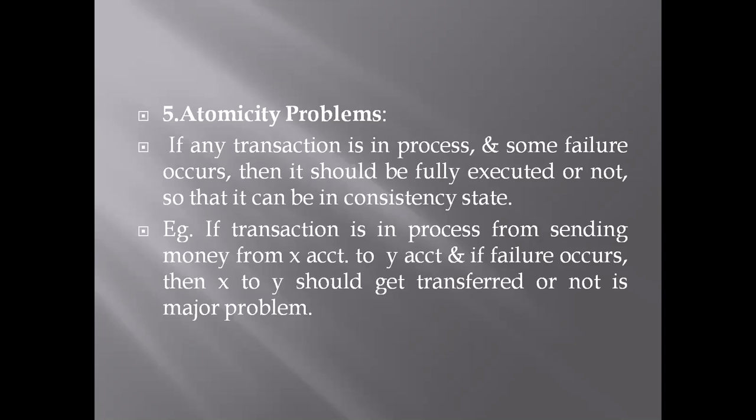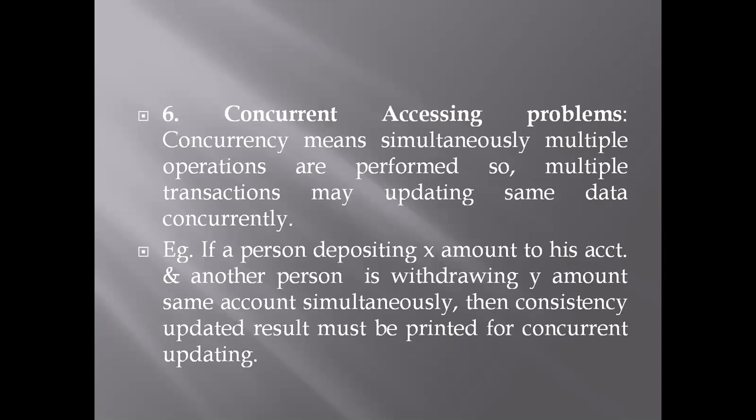For example, if you withdraw money from an ATM and some failure occurs, your money will be automatically deposited back. If a transaction is in process sending money from account X to account Y and a failure occurs, whether X and Y are transferred or not is a major problem.